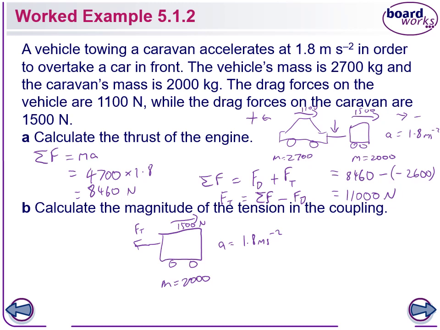And so from here, it's another Newton's second law problem. So the sum of our forces is equal to ma. We know what ma is. So we've got 2,000 multiplied by 1.8.